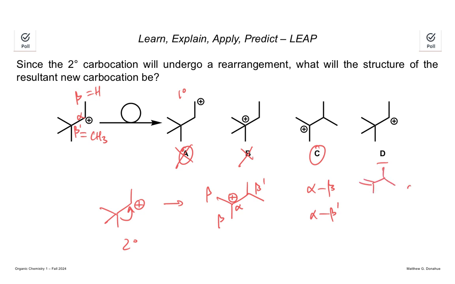So that's di. And if you eliminate from beta prime, you now have tetra substituted. So I know I'm sort of jumping ahead of the questions that we'll see, but that's essentially the rest of the mechanism.